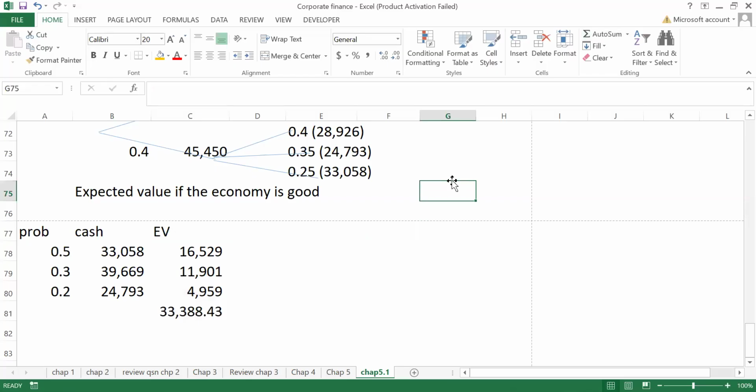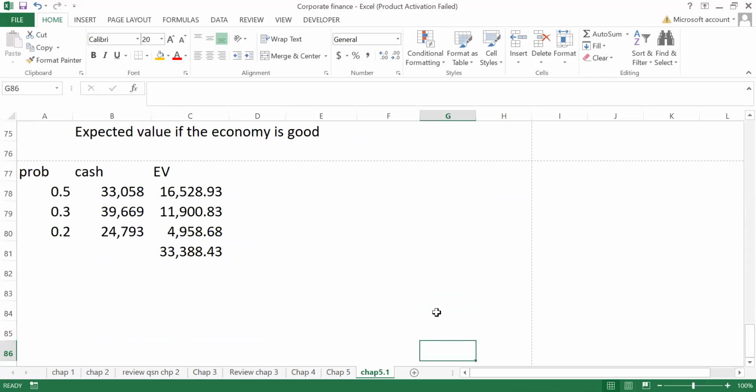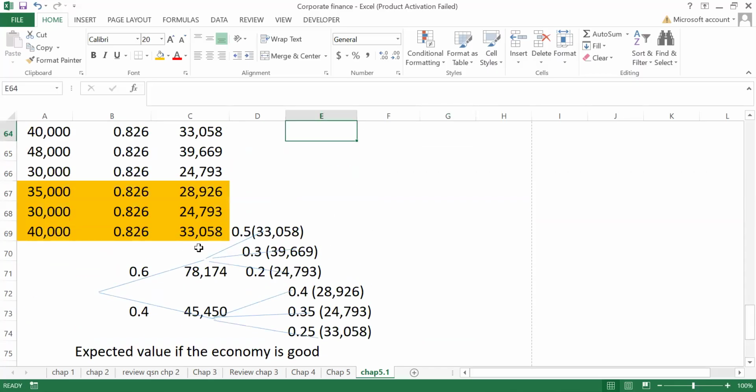Now in this case, it means I'm getting a total up to this point here. I don't know if you follow. 33,388 is the total of this loop up to here.